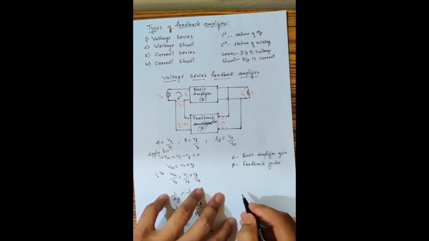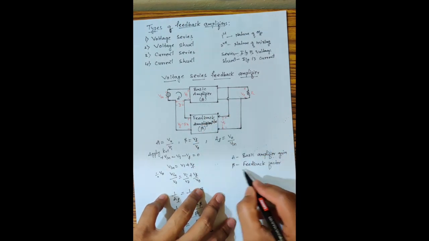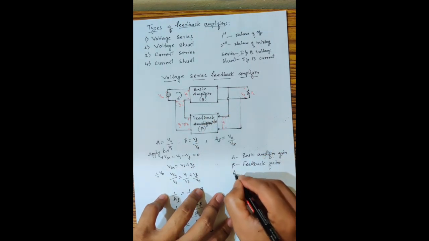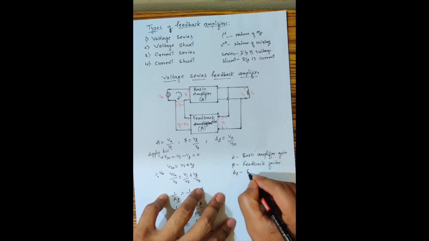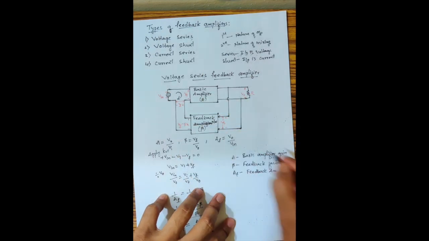Here the parameters we used are: A is the basic amplifier gain, beta is the feedback factor, and AF is the total feedback amplifier gain.